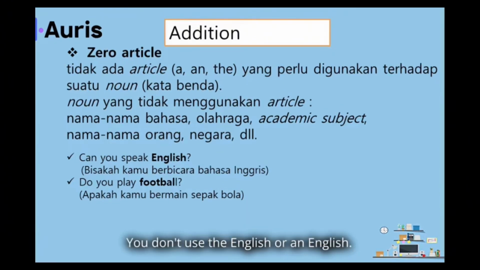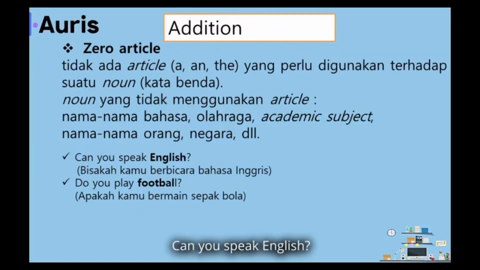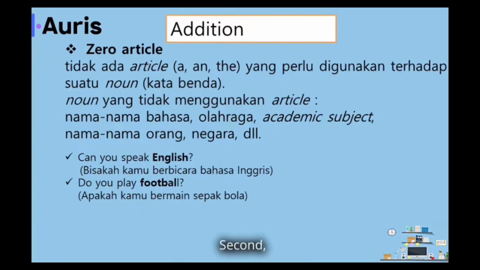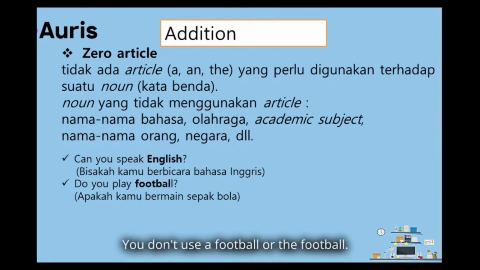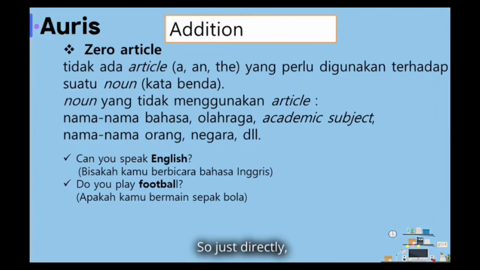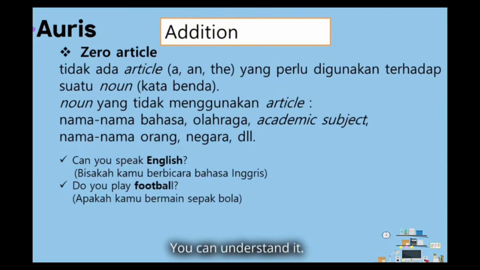You don't use the English or an English, but just directly: can you speak English? Second, do you play football? You don't use a football or the football, so just directly: do you play football? Like that, you can understand it.